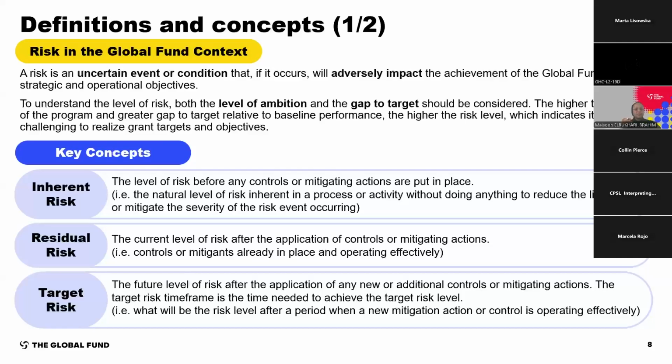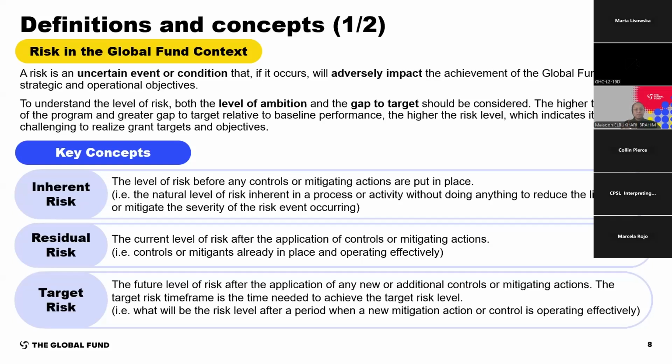The second type of risk is the residual risk, and this is the level of risk after we apply controls and mitigating actions. And the third one is where we intend to reach, which is the target risk. So this is the desired future level of risk, which we aim to reach after applying new or additional controls or mitigating actions.